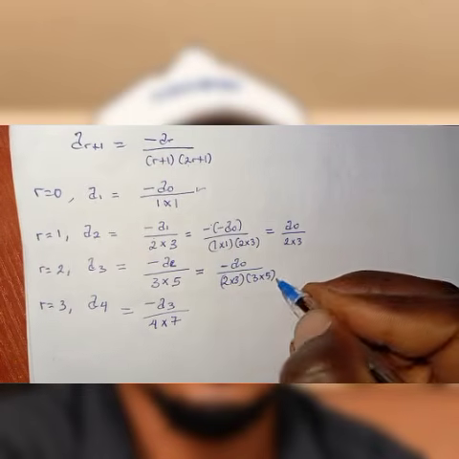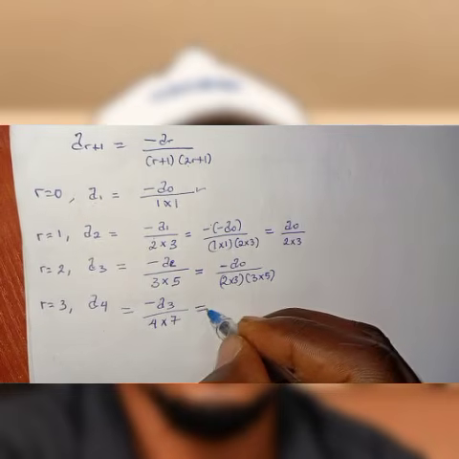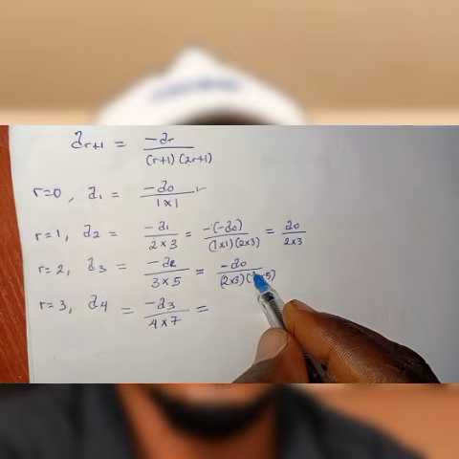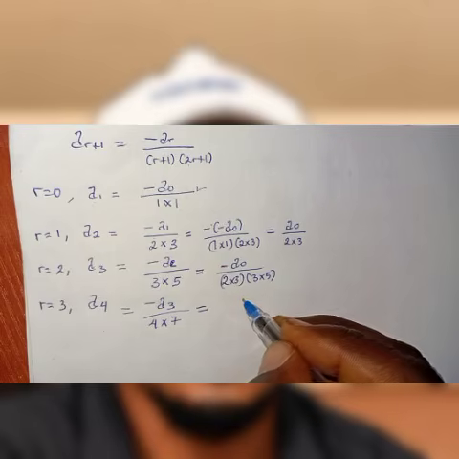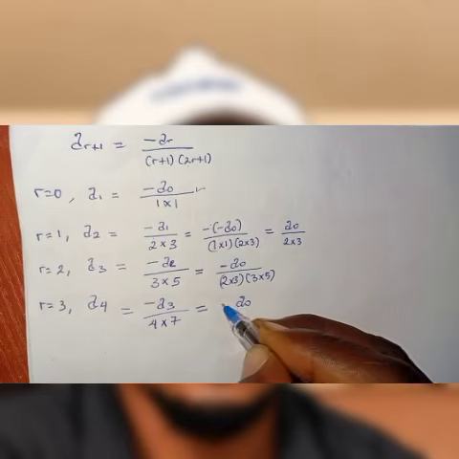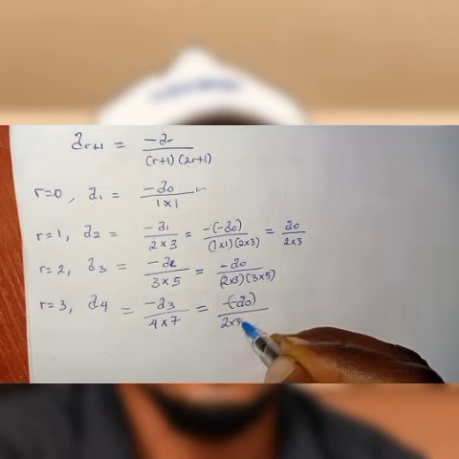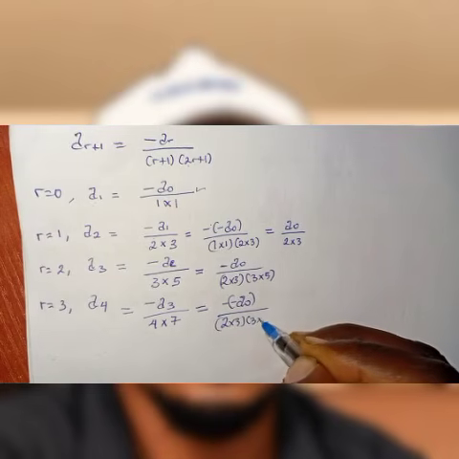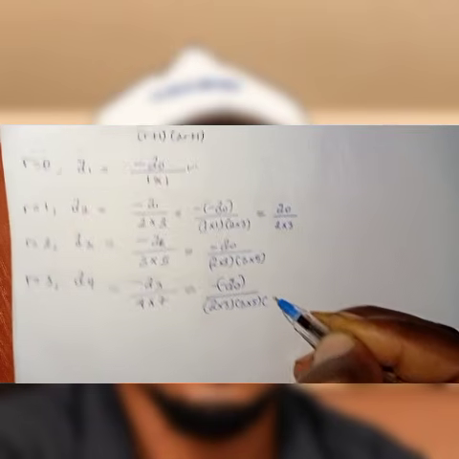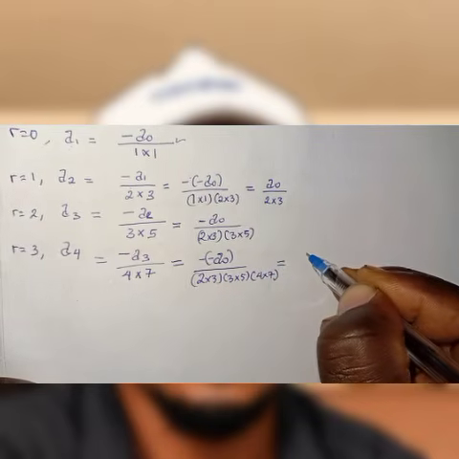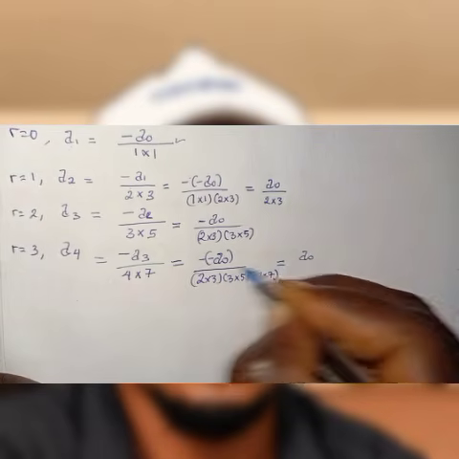That is for that. Now let's go to A4. A4 is minus A3. So if I put A3 here, the minus cancels out the minus. So we have, okay, let me just write it. 2 times 3, 3 times 5, and 4 times 7, which is equivalent to minus cancel minus.